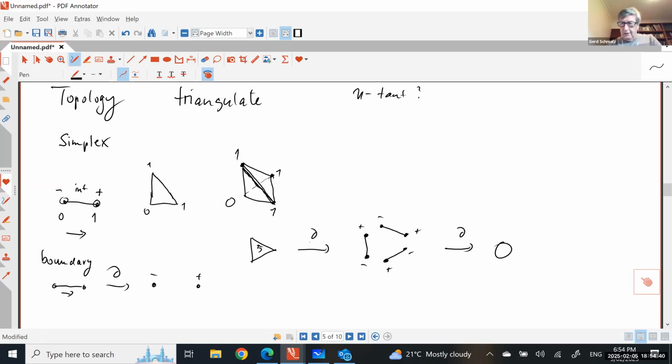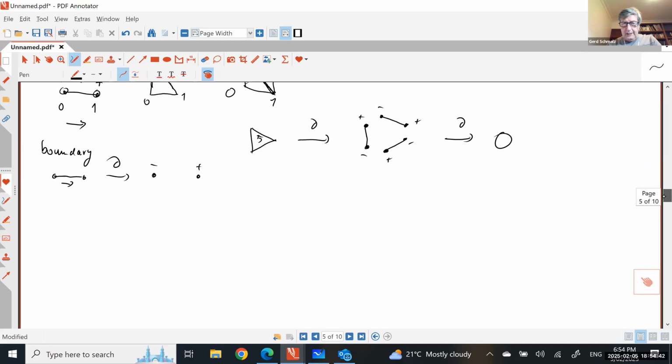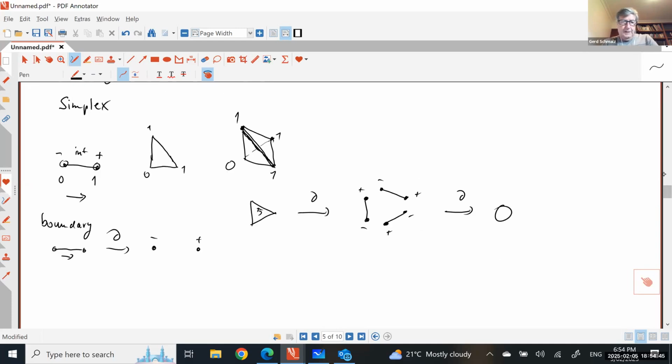So now we can formally add, as we basically have done here, one can formally add simplices. We can find formal combinations of them.